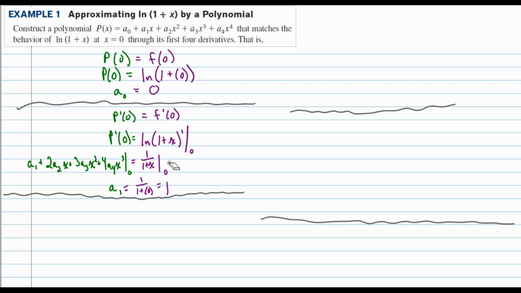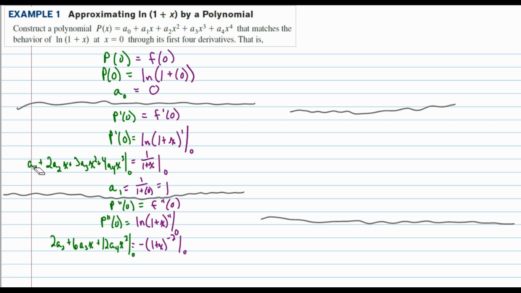Now I'm going to keep this pattern going for the second derivative, the third derivative, the fourth derivative, as many derivatives as I need to. This one's only asking for the fourth. So I set the second derivative of our polynomial equal to the second derivative of our log function, which means I need to find the second derivative of that log function. For the second derivative of the polynomial, the derivative of a sub 1 was 0.